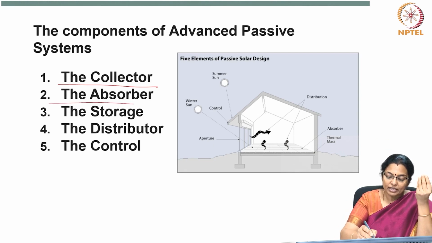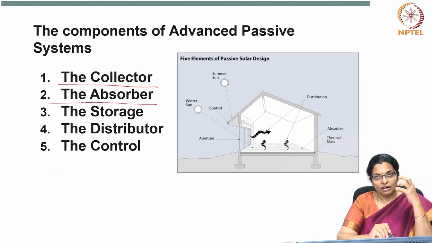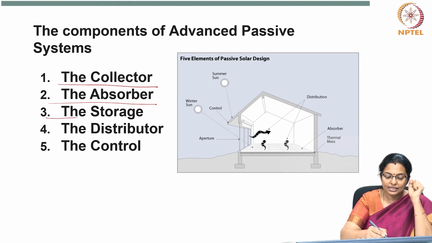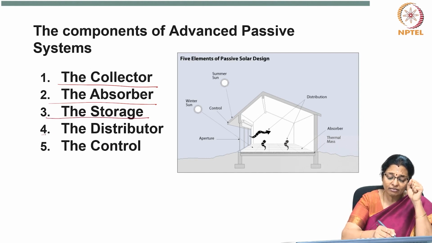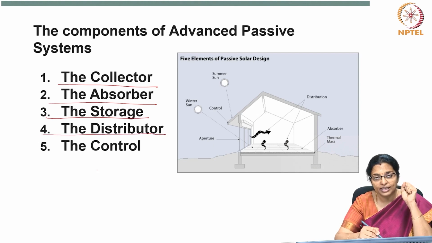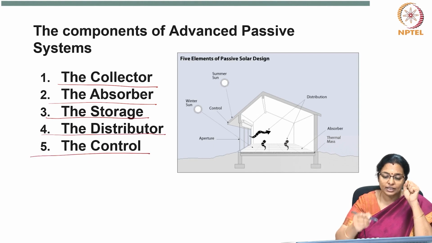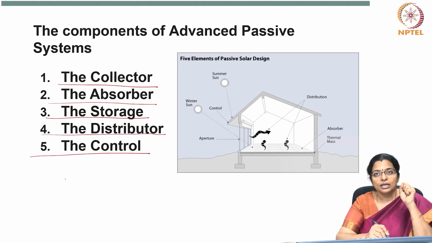You need to have an absorber. After collecting, the heat has to be absorbed by some particular contraption. This heat must be stored. You should have a facility to distribute the heat and to control the distribution. So, these are definitely the 5 things.